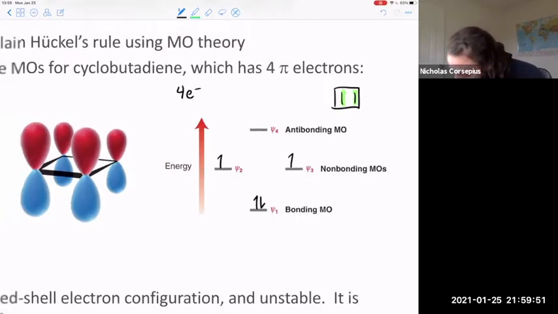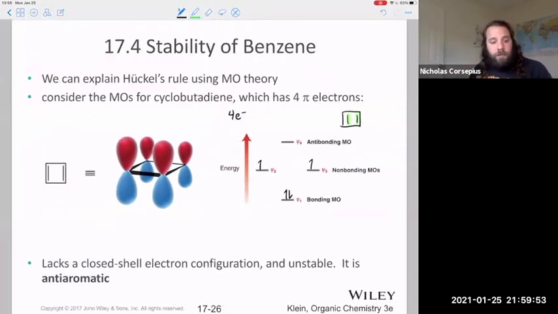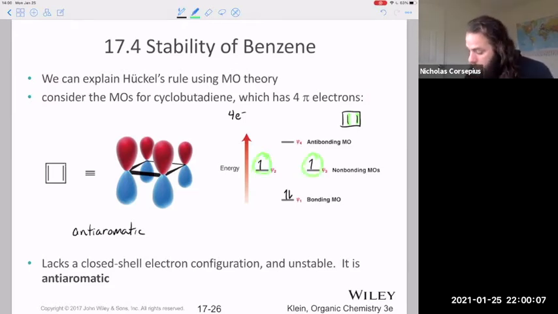This is actually an illustration as to why this is an anti-aromatic compound, or more specifically, why anti-aromatic compounds are unstable. And that's because they always have these half-filled orbitals. This is what's called a paramagnetic electron configuration.